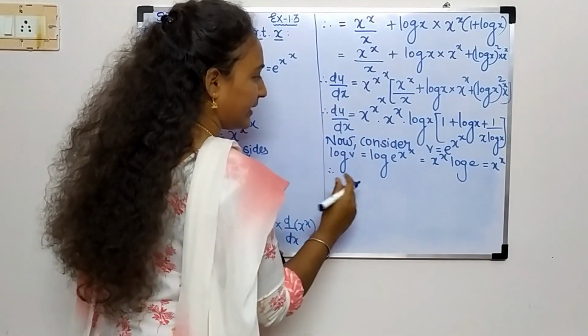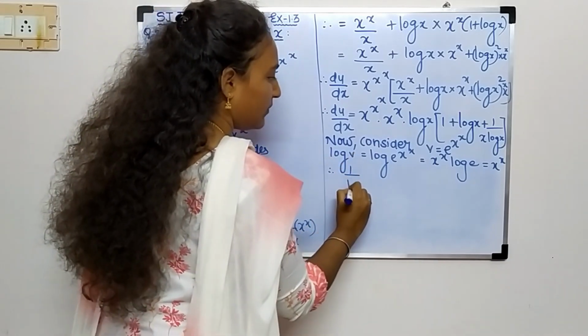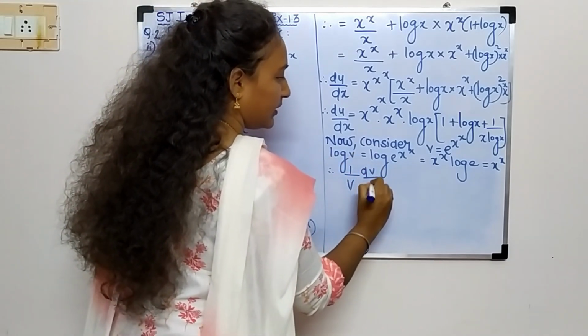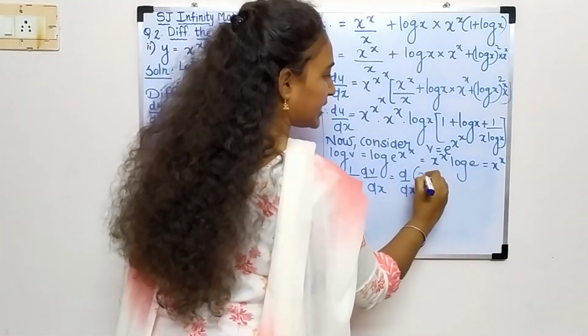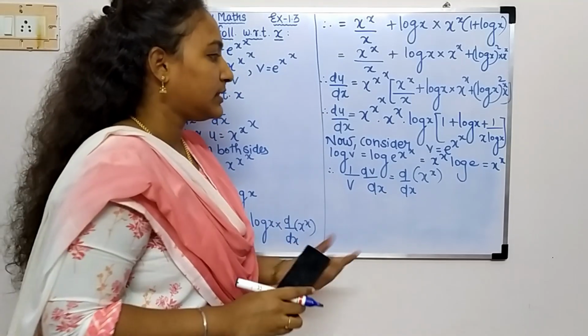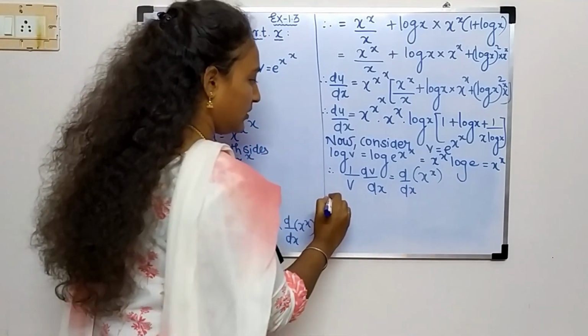Now we calculate the derivative of log v. So we get 1 upon v dv by dx is equal to the derivative of x power x. Since we know the derivative of x power x, I am writing it directly.